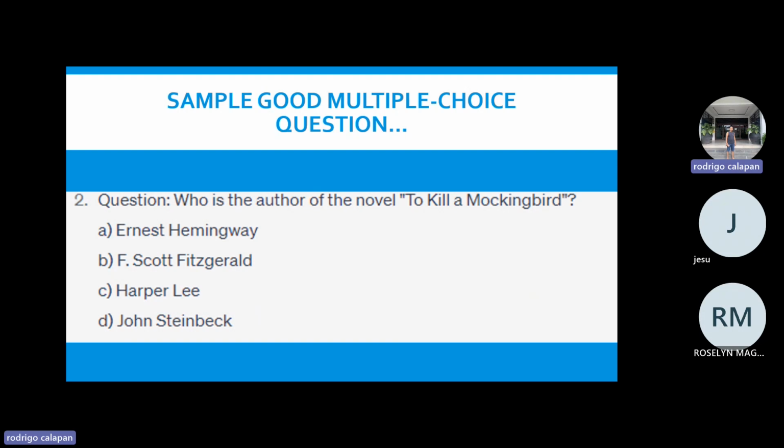The correct answer is option C, Harper Lee. The other options are well-known authors, but they are not associated with the given novel, making this question effective in assessing knowledge of the specific book and author.